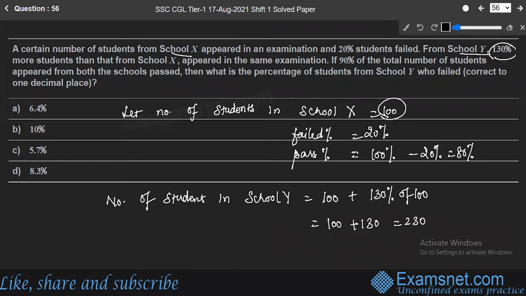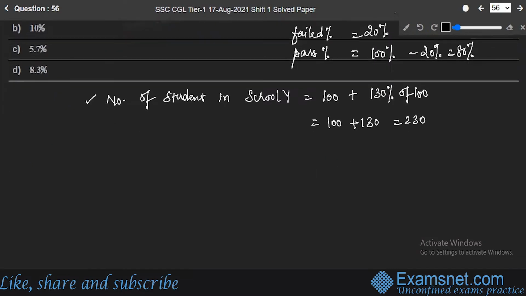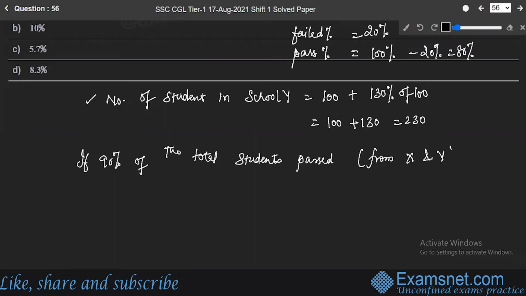Now, what else information is given? Only this much for school X and school Y. What else is given? 90% of the total number of students passed for both schools X and Y. Okay, so 90% of total students passed from school X and Y both, right?